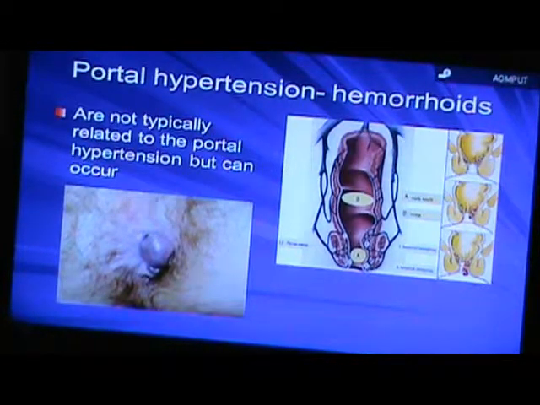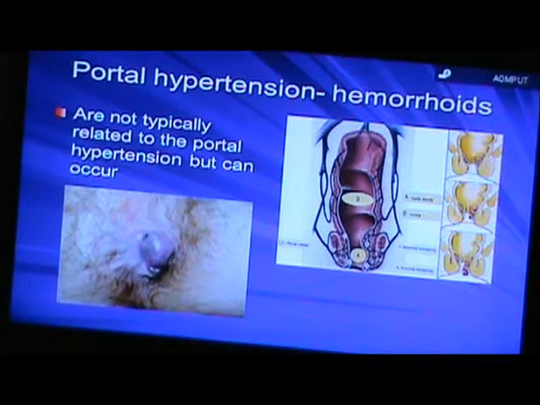Hemorrhoids are not typically related to portal hypertension, but can occur. The doctors who are specialists in the hemorrhoids of the anal canal say that they are not typical for portal hypertension, but it could be present.